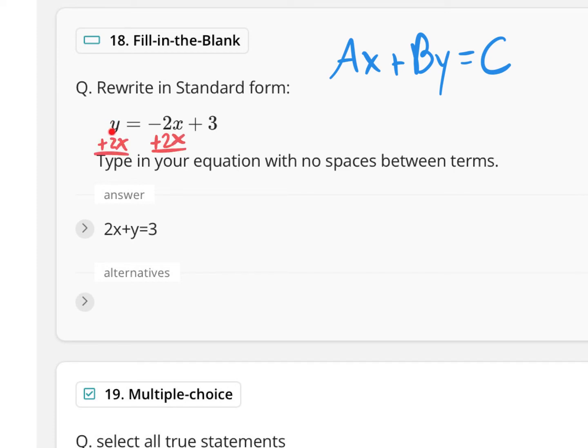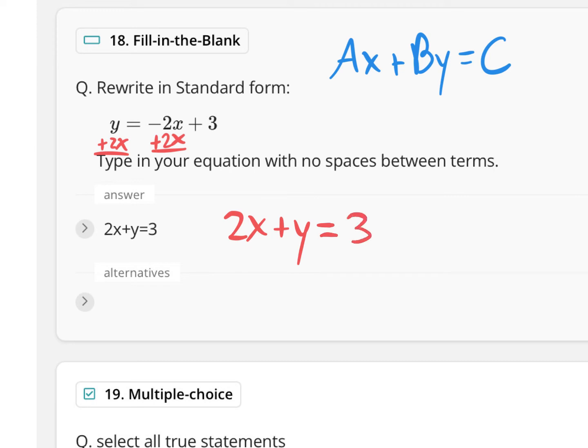Now obviously you can't add y plus 2x, so we're just going to rewrite it. But instead of writing y plus 2x, we want the x term first and the y term second. So I'm going to write 2x with a positive y. And what would be left on the right side of the equal sign? Just the 3.